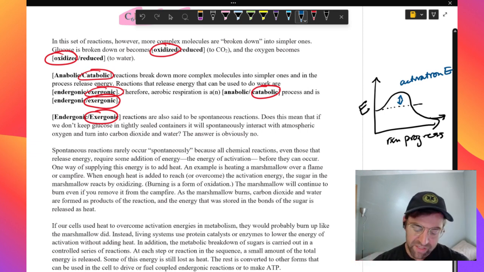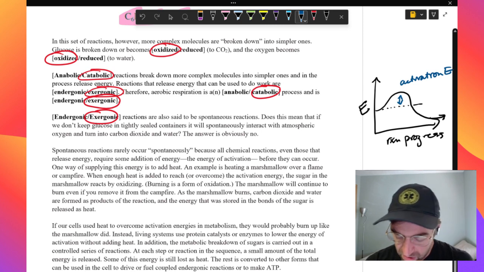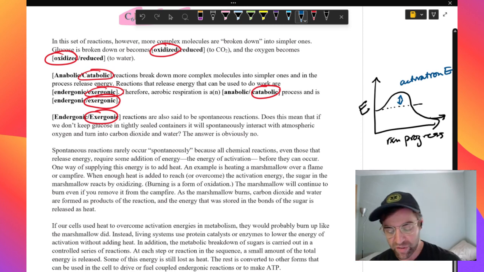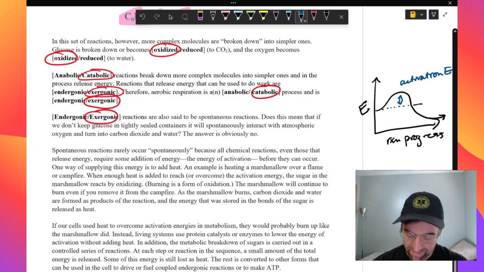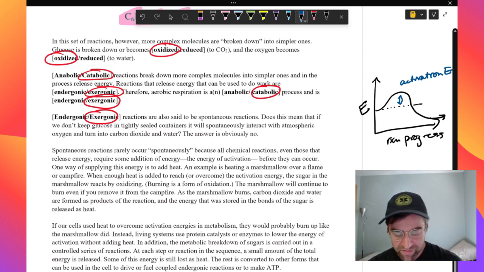Spontaneous reactions rarely occur spontaneously because all chemical reactions, even those that release energy, require some addition of energy, the energy of activation, before they can occur. One way of supplying this energy is to add heat. An example is heating a marshmallow over a flame or campfire, and when enough heat is added to reach or overcome the activation energy, the sugar in the marshmallow reacts by oxidizing. Burning is a form of oxidation.